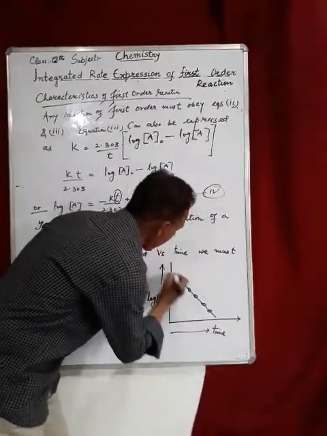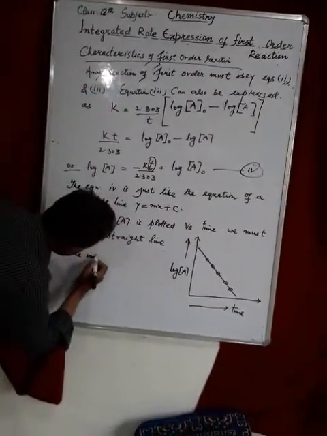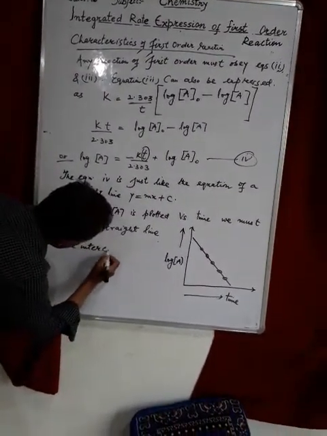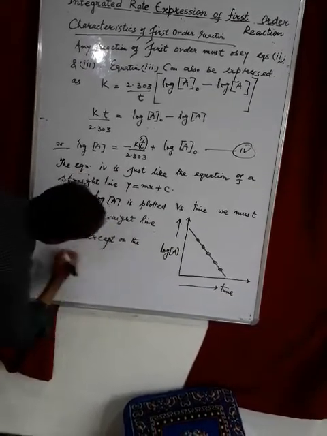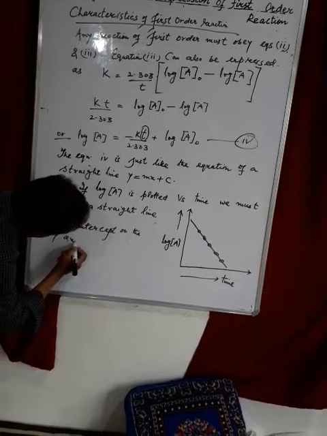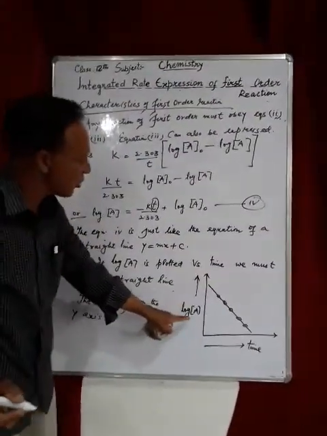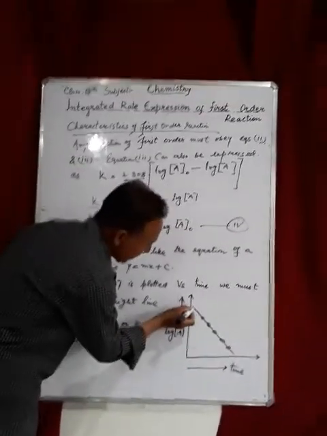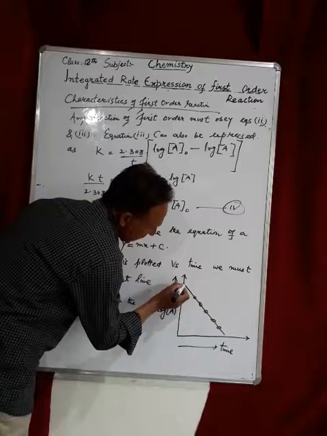The intercept on the y-axis, that is the axis that denotes the values of log a, is where this graph line intercepts the axis.